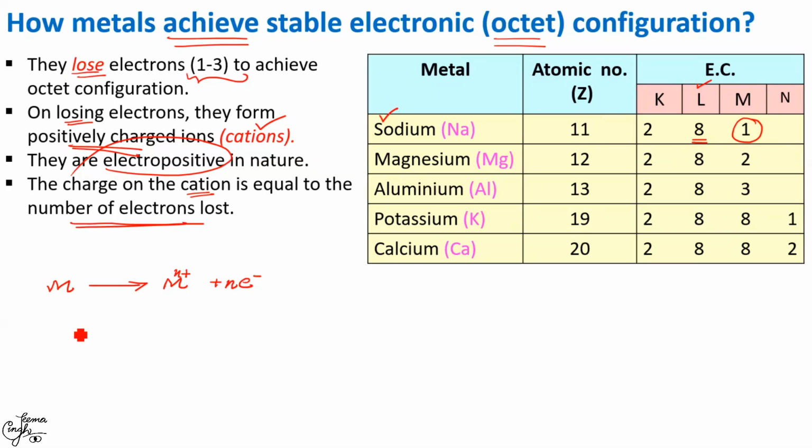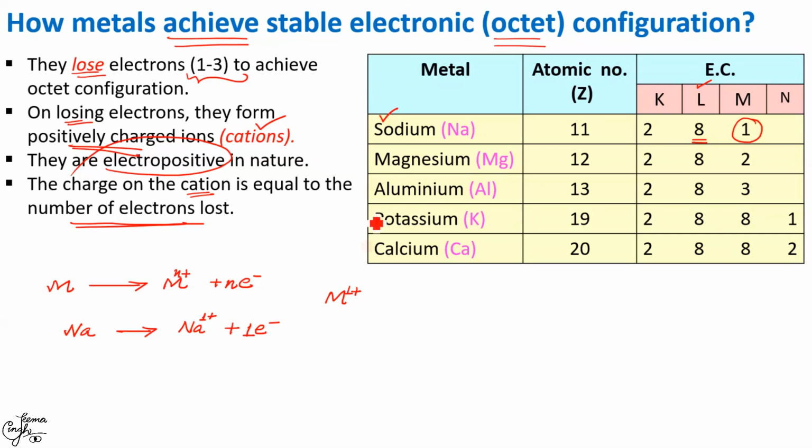So I can write here Na. If it loses its one valence electron, it converts into Na with one positive charge. Why? Because it has lost one electron. It is not important to show the loss of one electron. It is understood if I write a positive charge on a metal, say M. It means here the number of electrons lost is equal to 1.